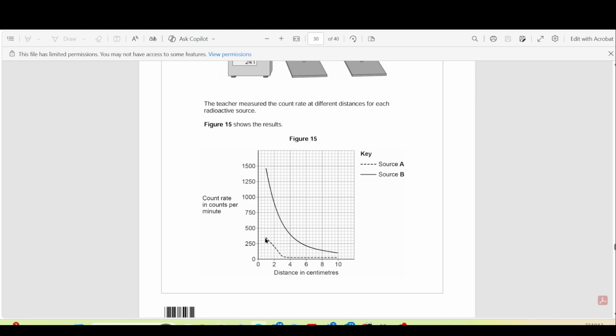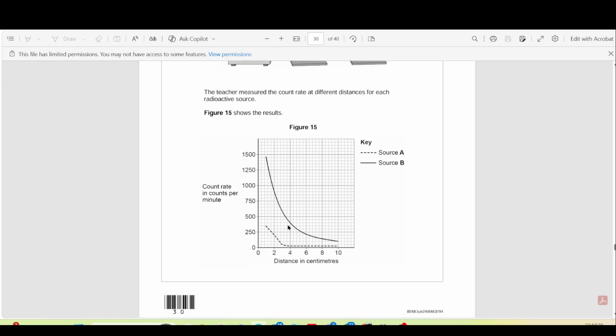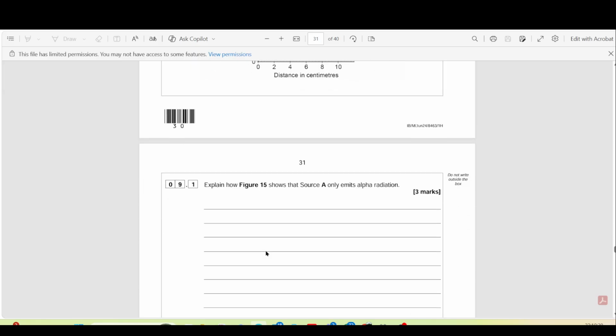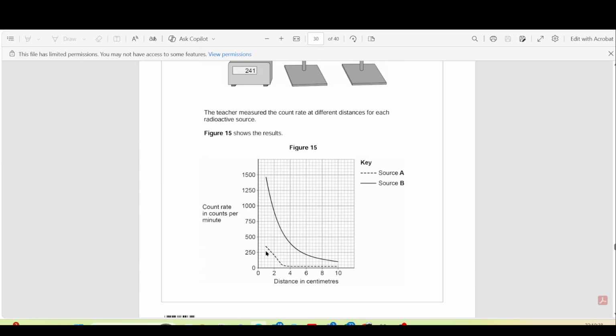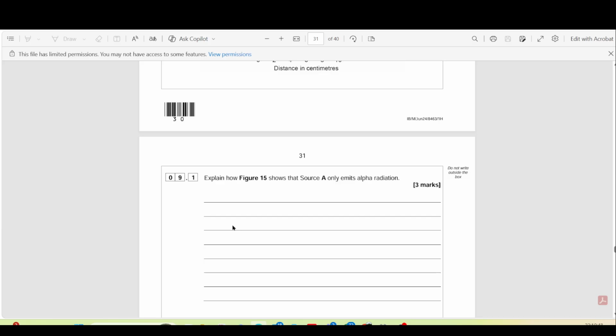Alpha particles have a very short range, a few centimeters, and if the count rate drops to zero at a short distance from the source, it indicates alpha radiation. You can explain it like this: it is just traveling 3 centimeters, and from here to here the count rate has decreased. Alpha radiation has a short range. This is the main reason.